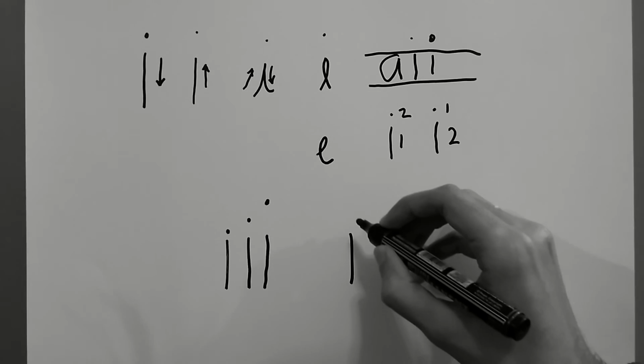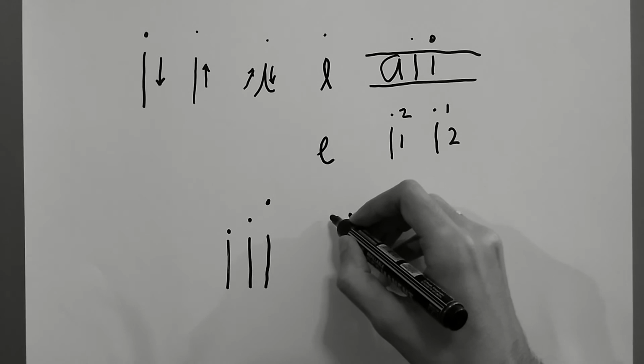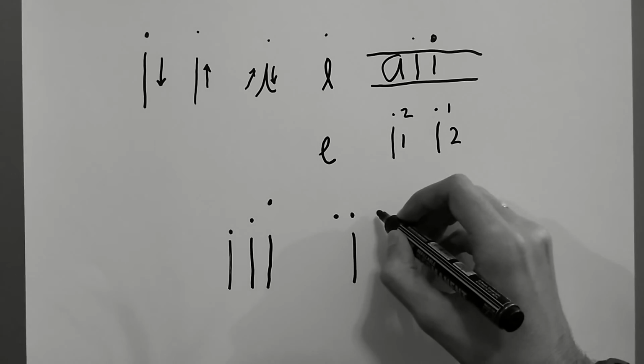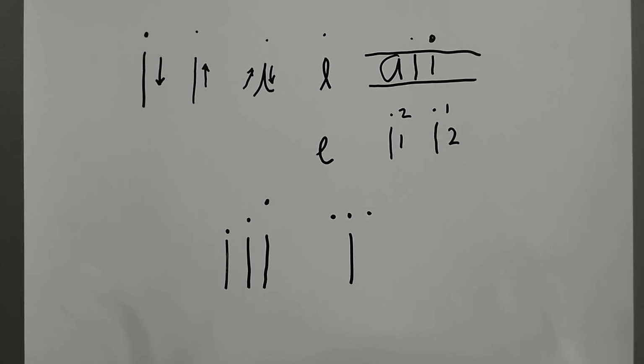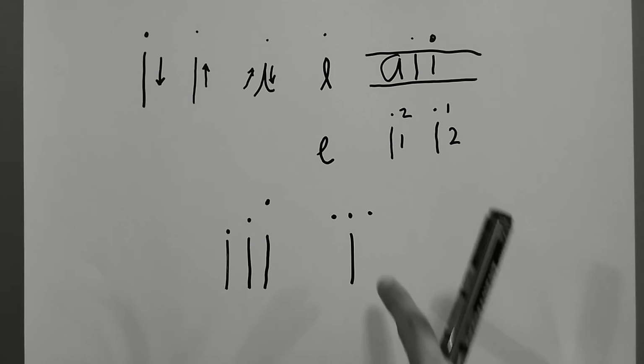Now we'll go to another example where the dot is either placed on the center, on the left, or on the right. What if the person places the dot more to the left of the I line?